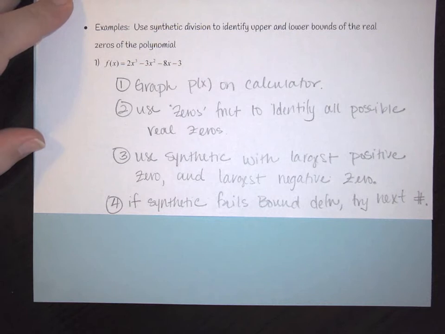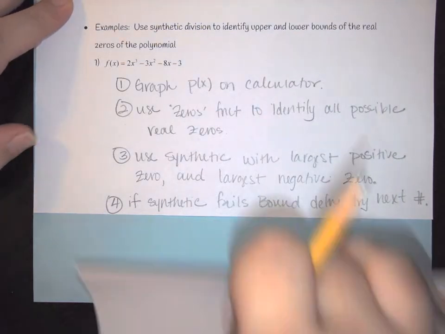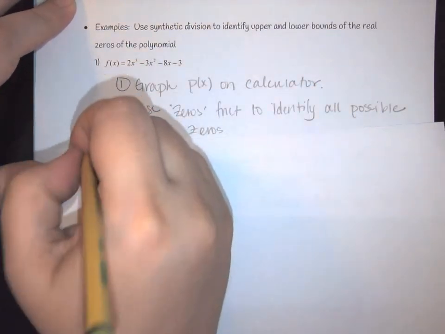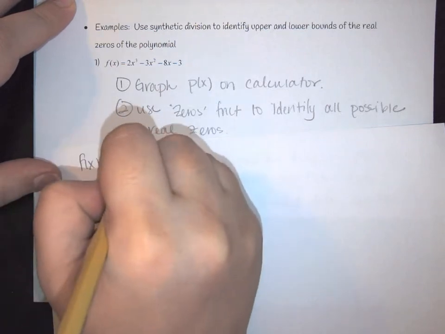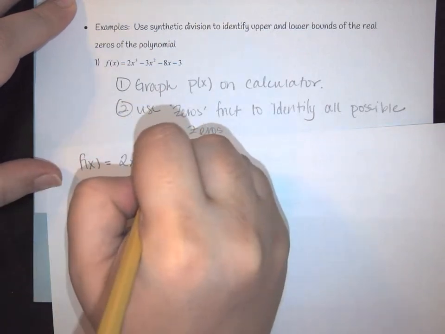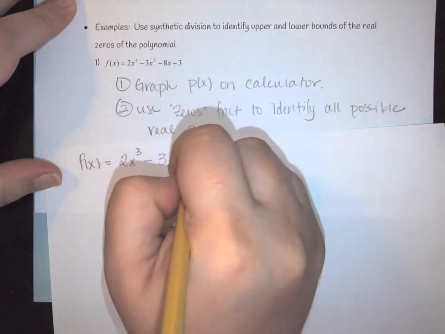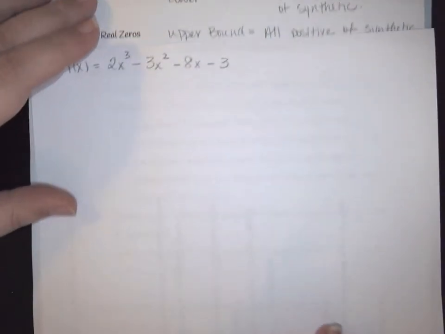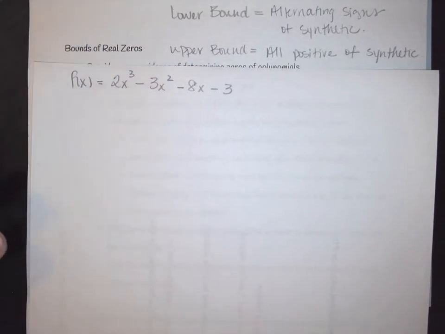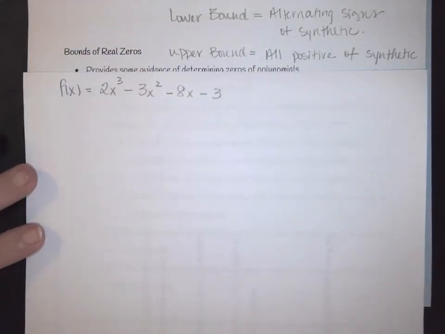So I have the example that says I have f of x is equal to 2x cubed minus 3x squared minus 8x minus 3. So I need to use my synthetic in order to find it, and so I need to remember that my lower bound is alternating signs and my upper bound is all positive.